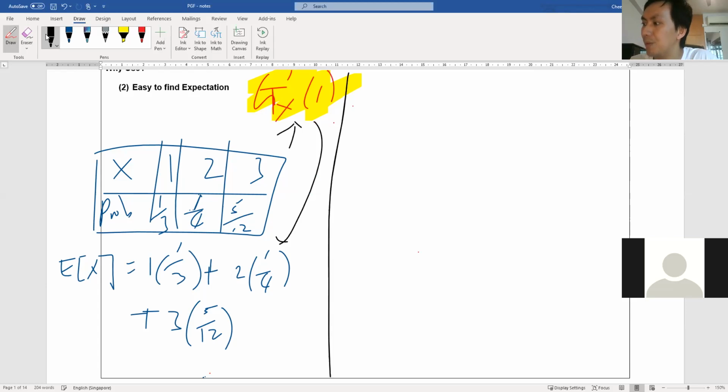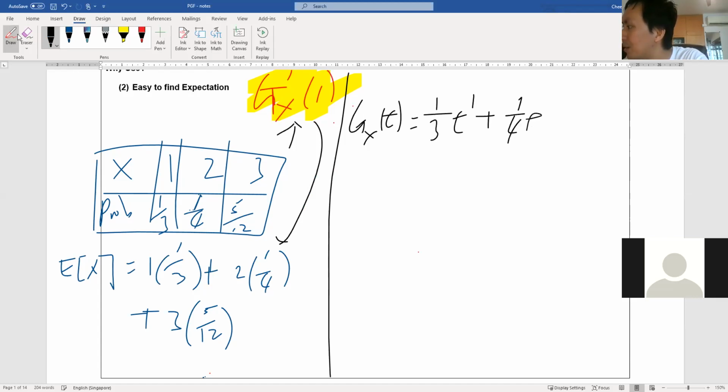How does it do it? So the first thing is obviously to construct the PGF first. So the PGF of x, Gx(t), is equal to 1/3 t to the power 1 plus 1/4 t to the power 2 plus 5/12 t to the power 3. So we need to differentiate first, right? So differentiate with respect to t. You can see what you will get.